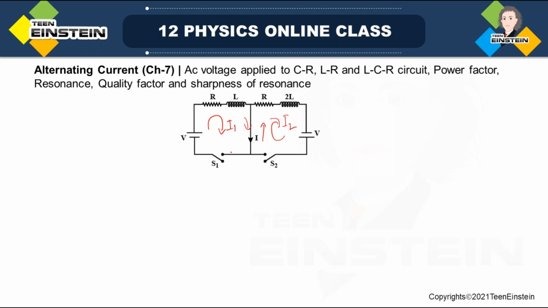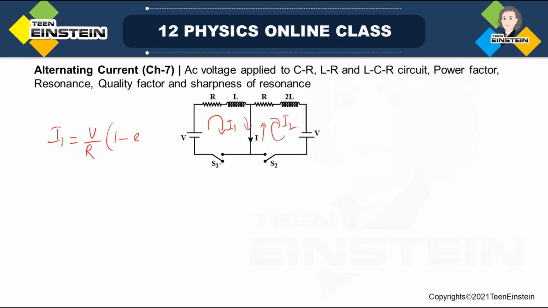Look, if I say this is I1, in an LR circuit, how would it be? It would be V by R, that is I0, times 1 minus, since this is a charging circuit.